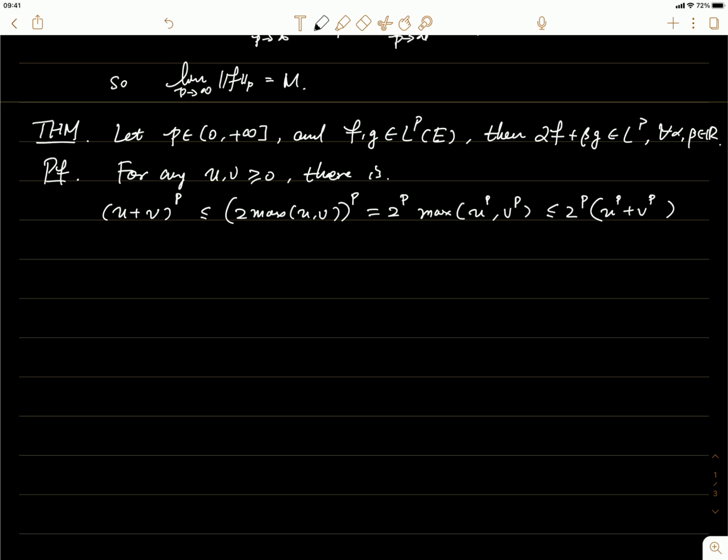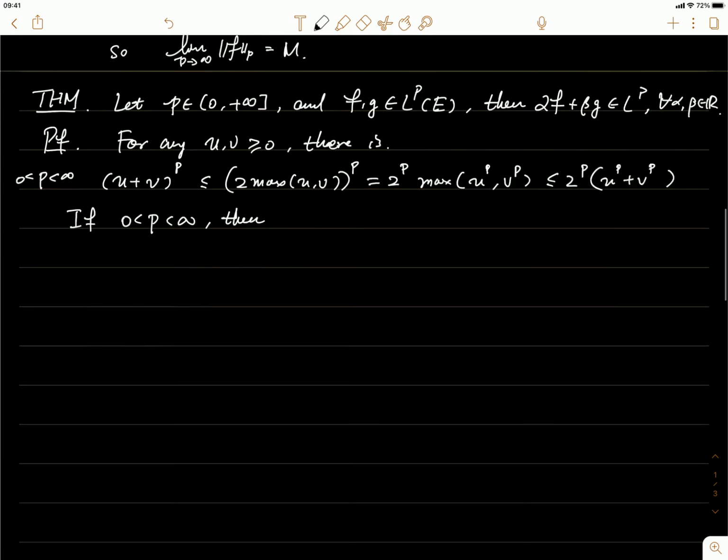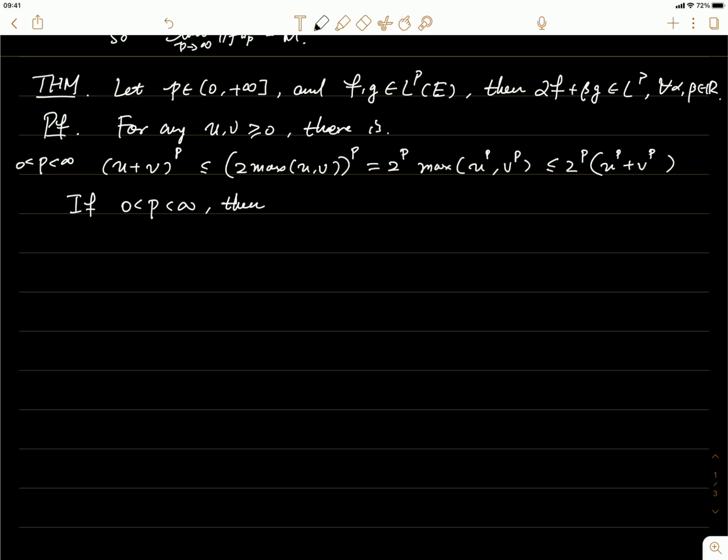Okay, so we can show that this is true for any non-negative values u and v. In this case, if p is between 0 and infinity, then we can see that (alpha f plus beta g) to the power p, according to what we showed above, is less than or equal to 2 to the power p times (alpha f to the power p plus beta g to the power p).